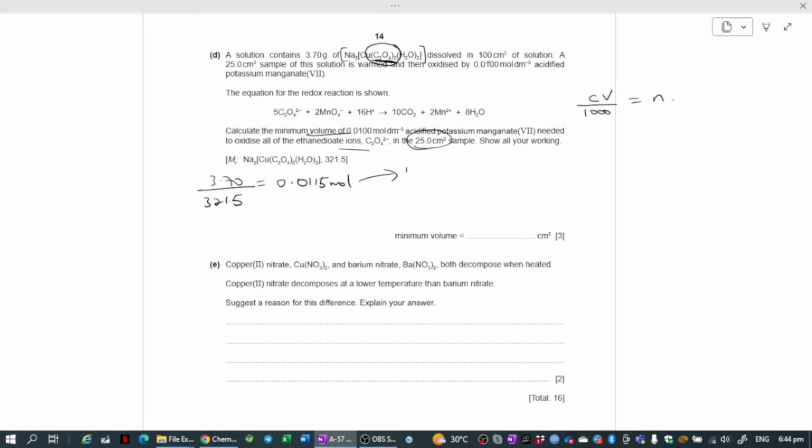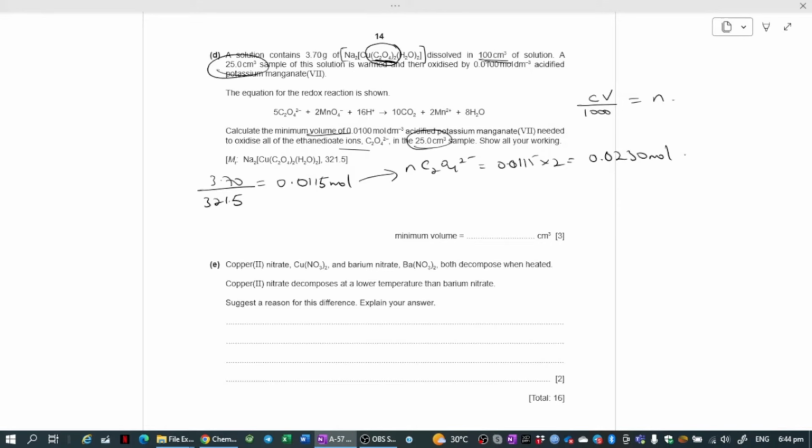This means that the number of moles of C2O4 2 minus is 0.0115 by 2, which is 0.0230 moles, right? Now, this is in the 100 cubic centimeter solution.